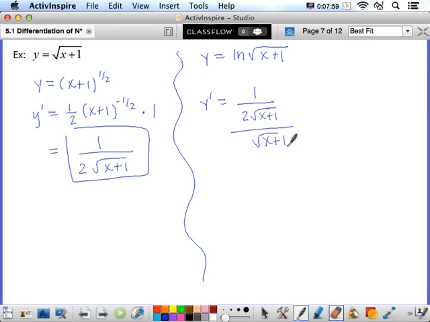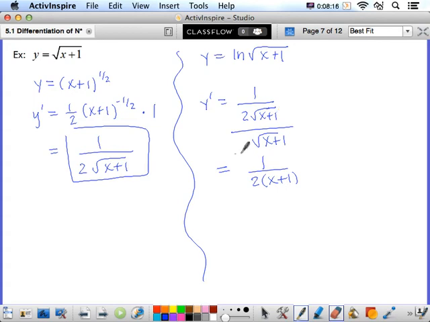And that becomes a complex fraction, but it really just would become 1 over 2 x plus 1. These two guys would end up coming together to make a whole. Do you guys see that? To me, that's a lot of work, and you're very likely to make a mistake.